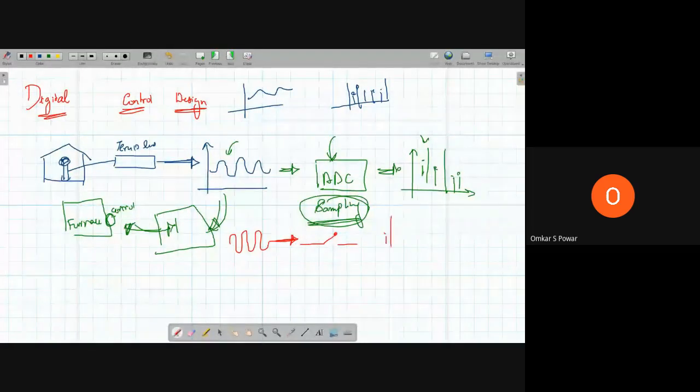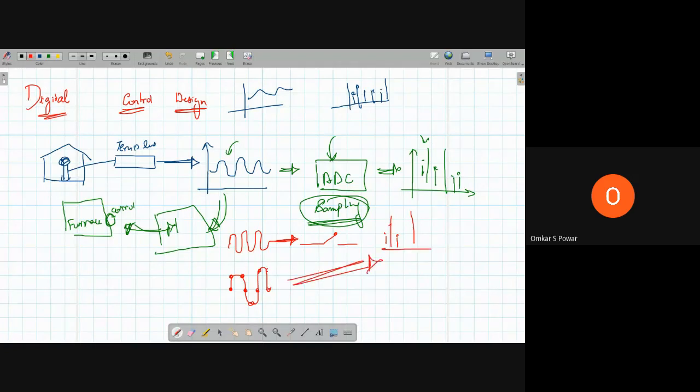So the output will be digitalized. I will switch on at this point, and again switch off, switch on at this point, switch off, switch on, switch off. So what I'm doing is just converting my analog signal into a digital signal.